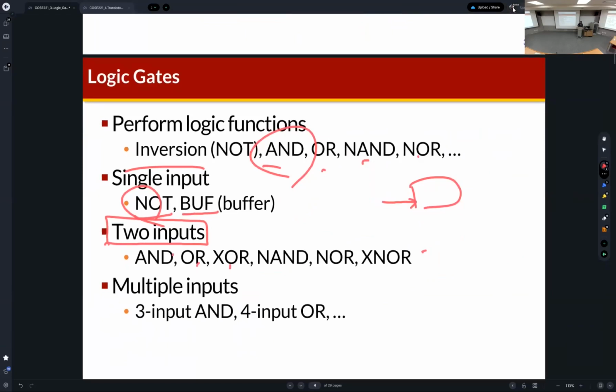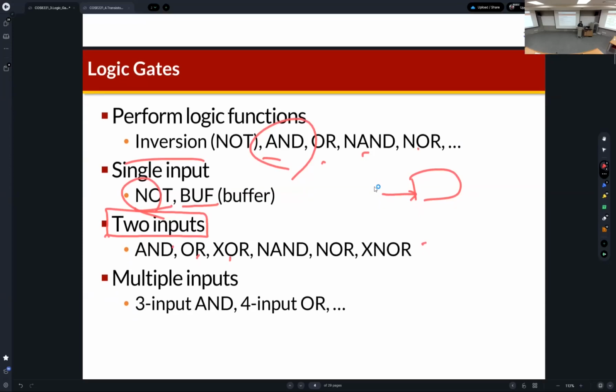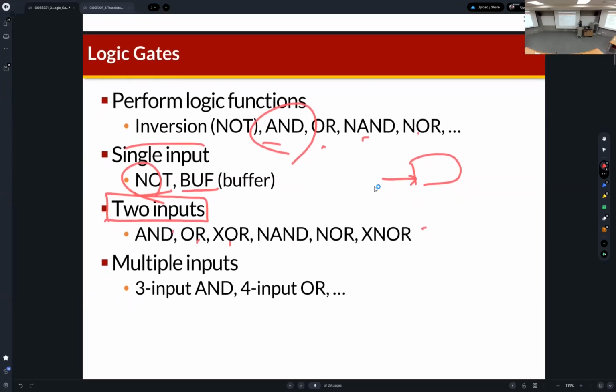We learned about the basic logic gates, like the inverter, the inversion. It's called a NOT gate. Also, it is called an inverter. And then we learned about the AND, OR, and NOR functions. We also learned about the multi-input logic gate, but it's the extension version of the basic logic gate.